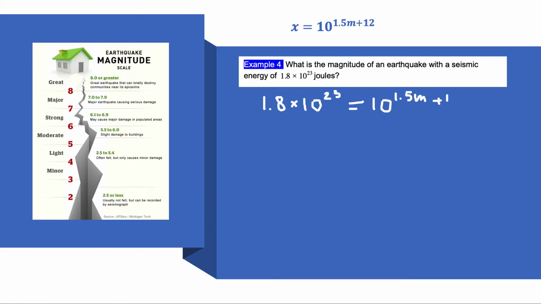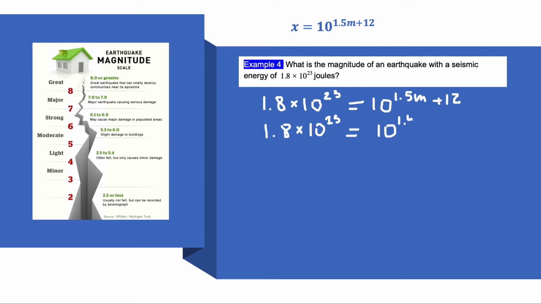And this formula we can arrange a little bit better. So let me rewrite it: 1.8 times 10 to the exponent 23, and the other part, I want to separate those two exponents, 1.5 m.